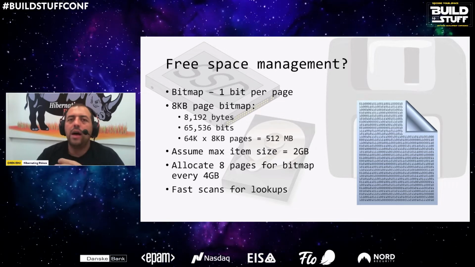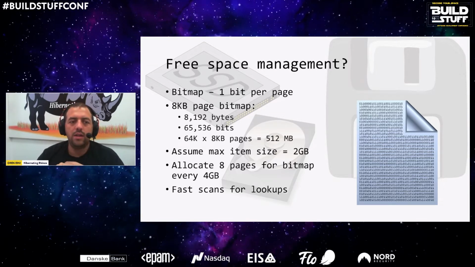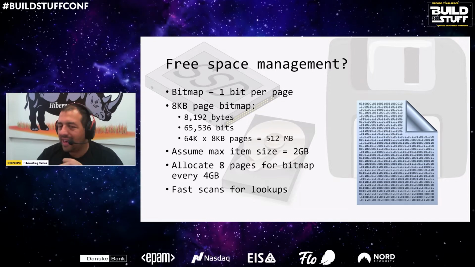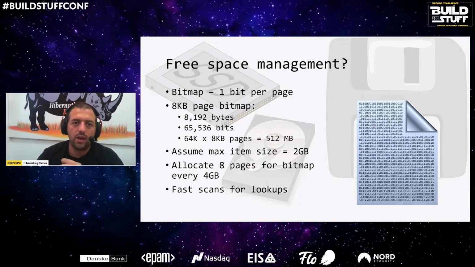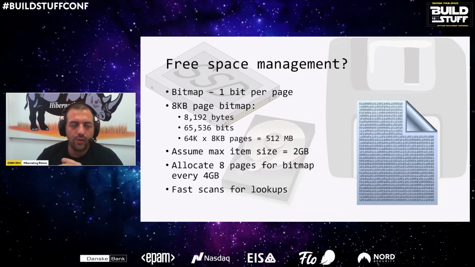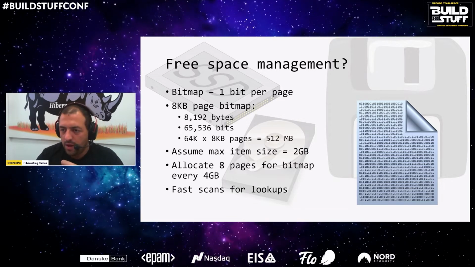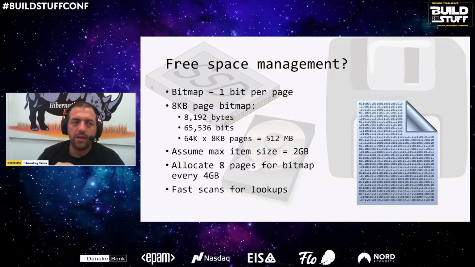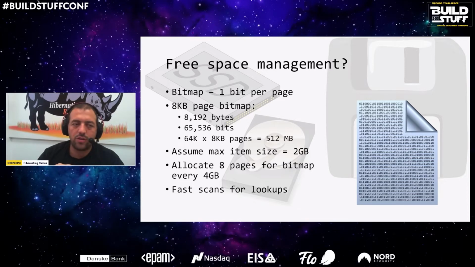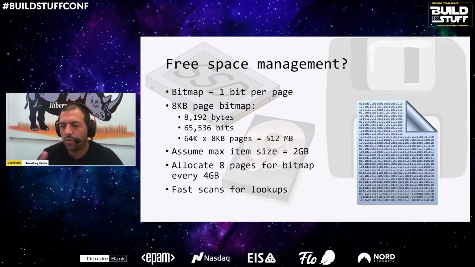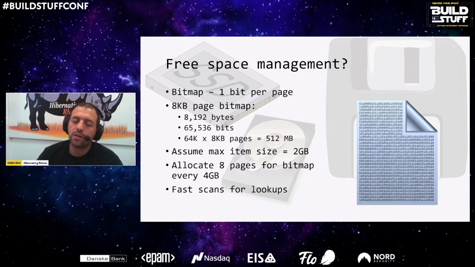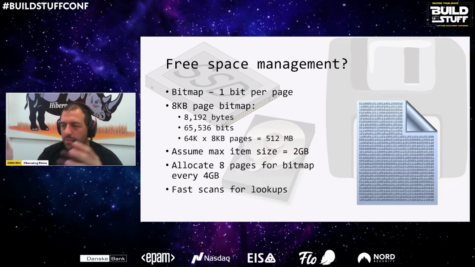However, now we are running in the era of the cloud, where I can literally go to a block device and say, okay, let's give it another 100 gigabytes or something like that. And in many cases, I'm running on files, so I can just say, oh, let's increase the size of the file. If I increase the size of the file, I need to change the size of the bitmap.